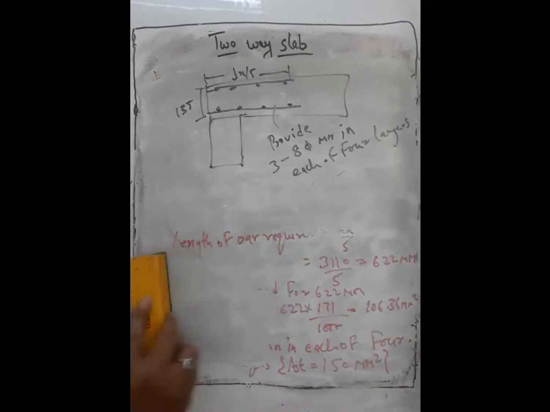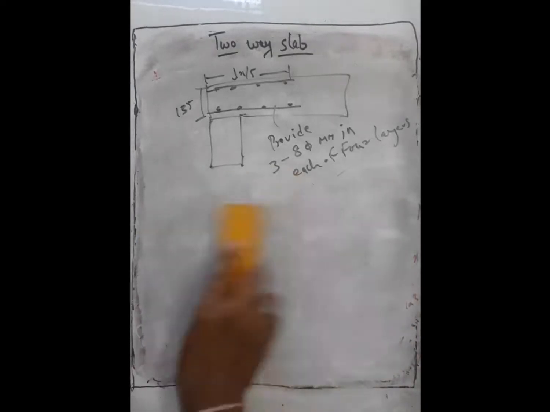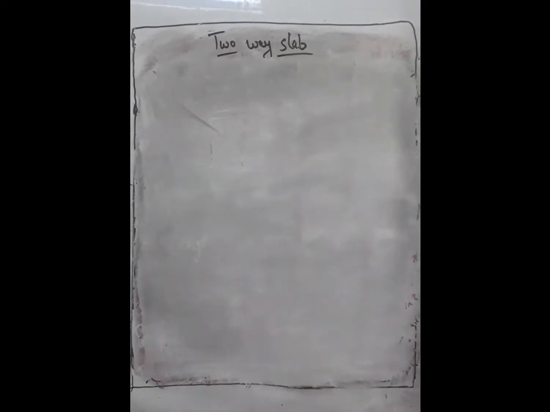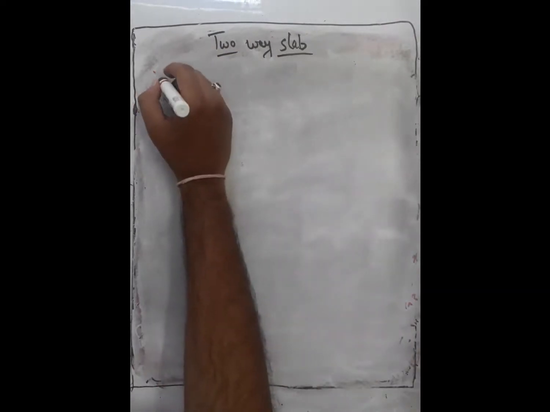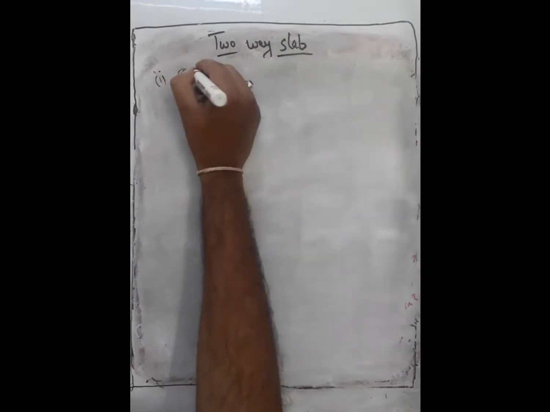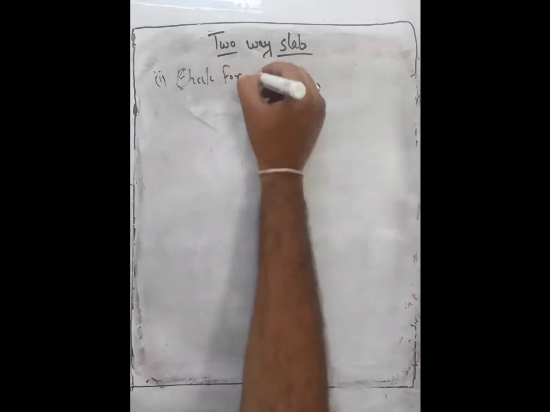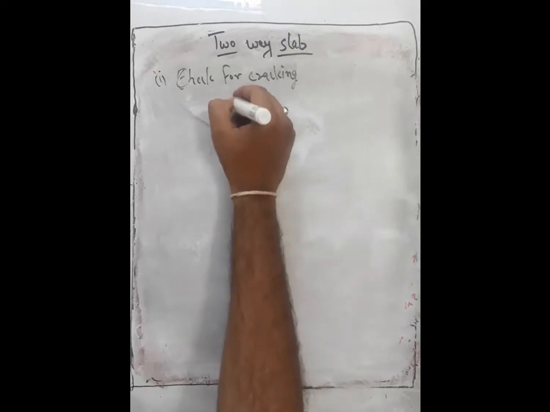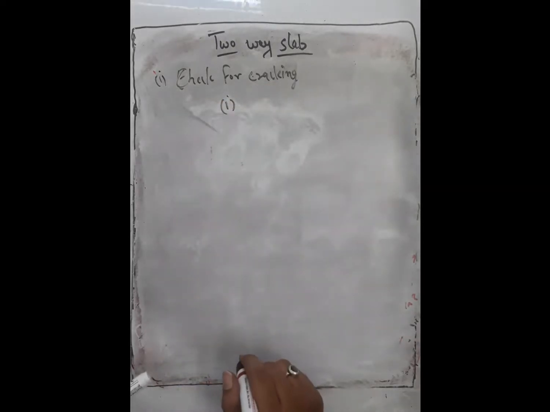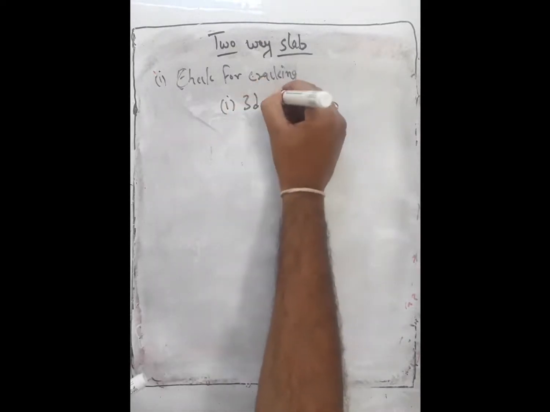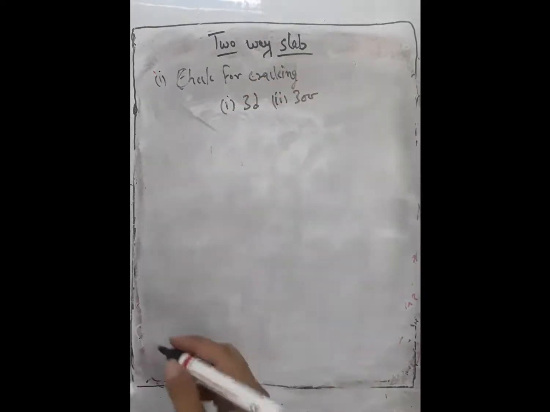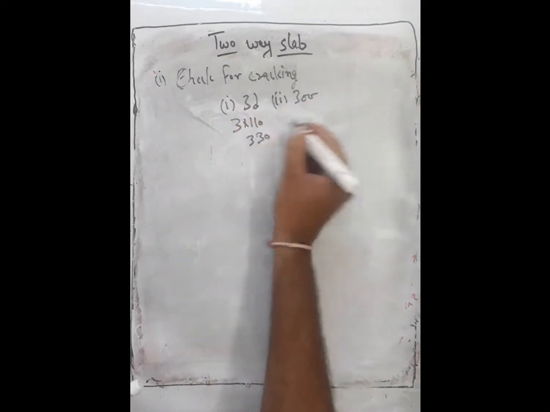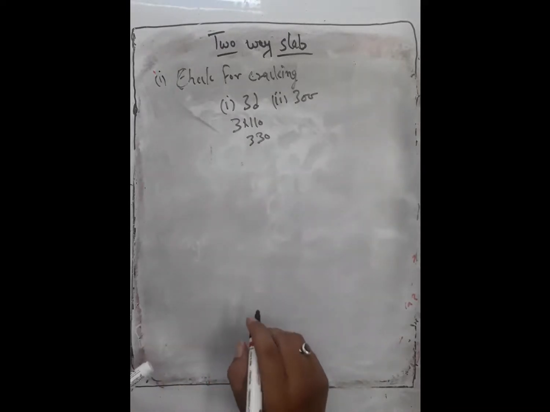So let's check for cracking. After that we have to check for deflection, development length and shear. So now check for cracking, which you already know. For the simply supported case you have taken 3d or 300. Okay, so 3 into 110 is 330, and 300, and in Lx we have provided 220.